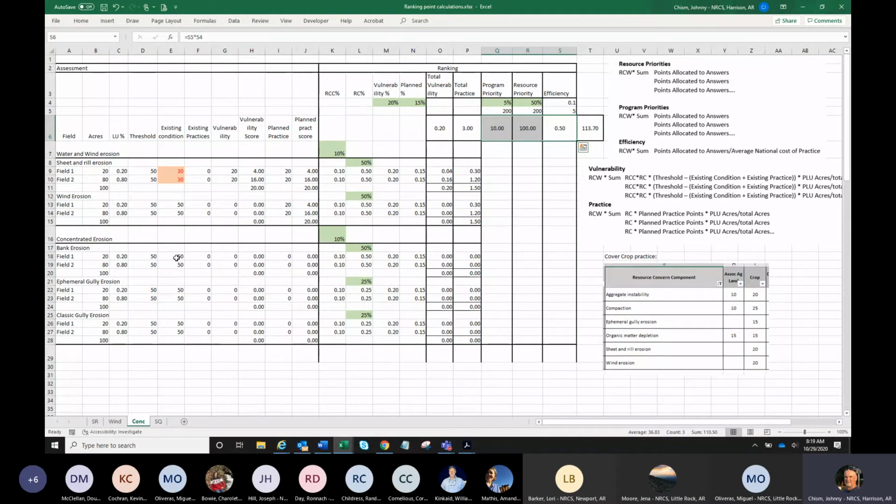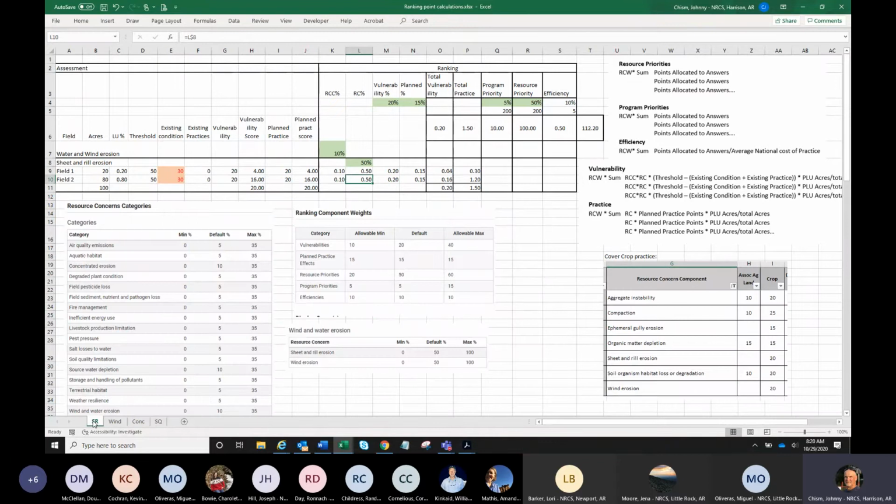And again, maybe there's not any ephemeral gullies or bank erosion or classic gullies out there. However, the cover crop is going to give him 15 points for ephemeral gully erosion. So 15 points there and 15 points there because he's doing the cover crop in both fields. And now we're up to 114.26.